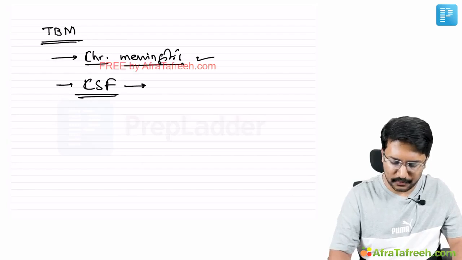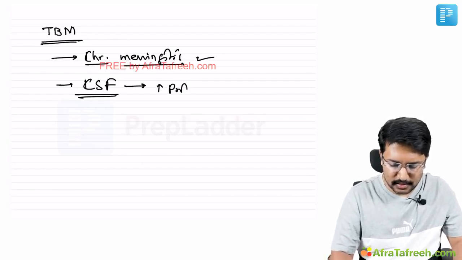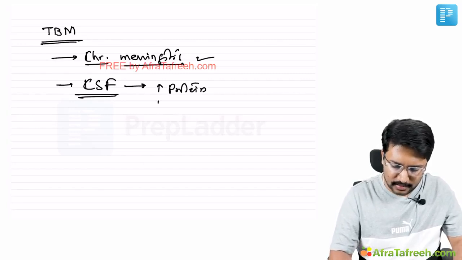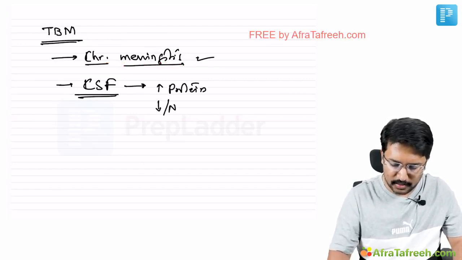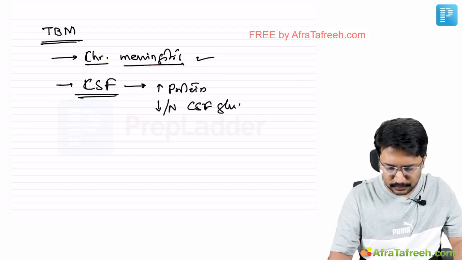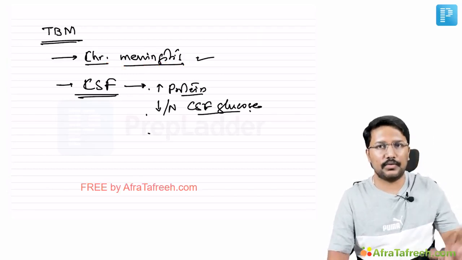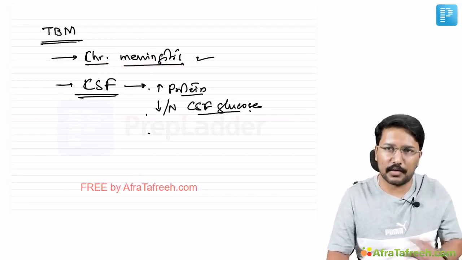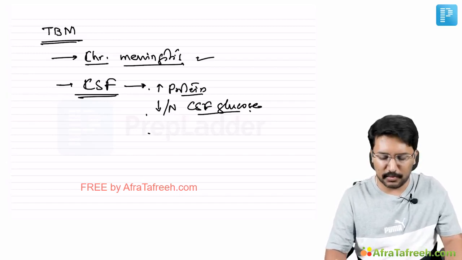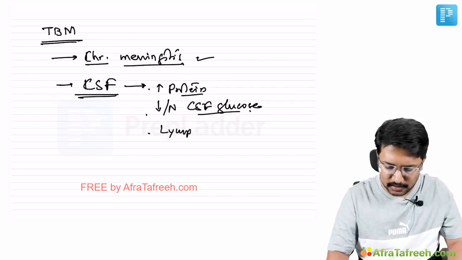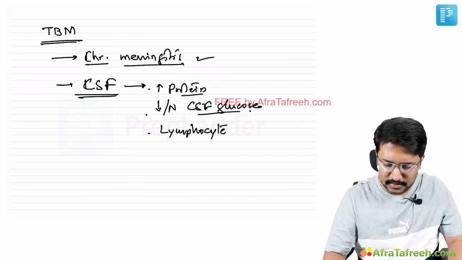When we look at their CSF, we will see increased CSF protein and decreased or normal CSF glucose. And as I've already told you when we were talking about pleural effusion, initially, in the first few days, it may be neutrophil predominant, but eventually it becomes a lymphocyte predominant CSF picture, right?